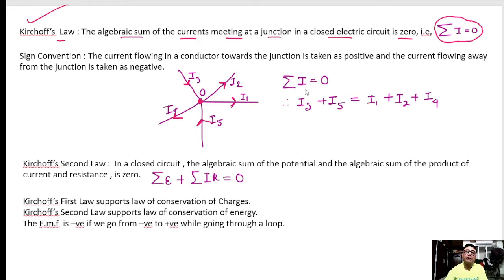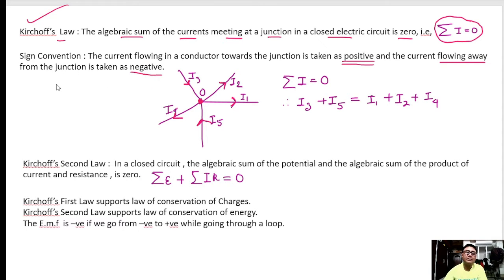Let us assume that the currents entering the junction are taken as positive, and the currents flowing away from the junction are taken as negative.